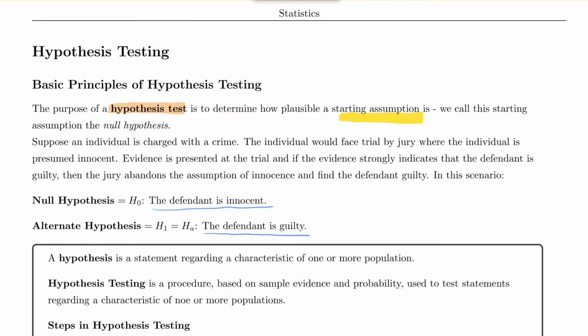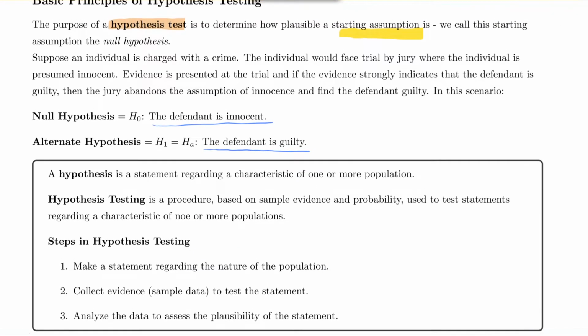So let's look at more specific definitions. A hypothesis is a statement regarding characteristics of one or more populations. So it's a statement about a population. And using statistical ideas, we're testing hypotheses.